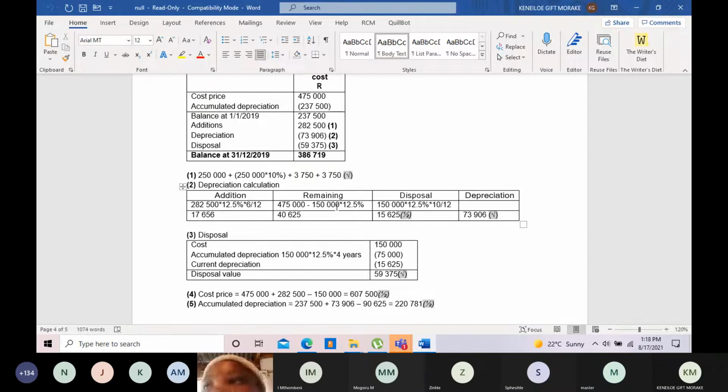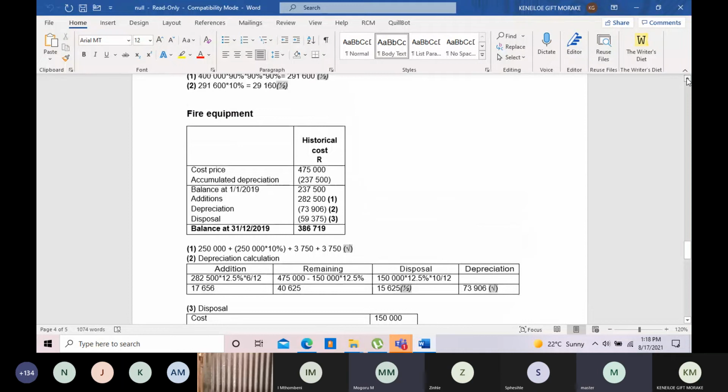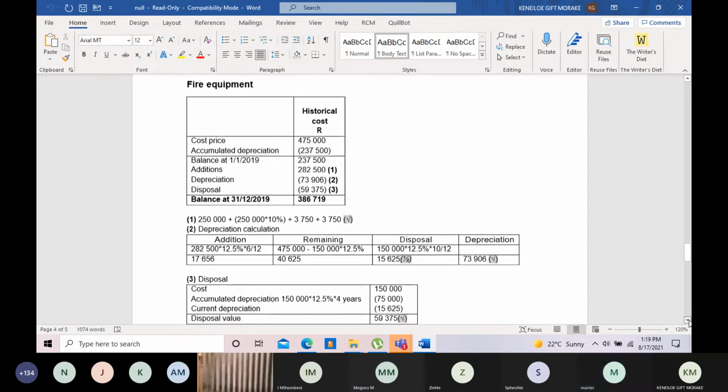Sorry. We can't see where you are pointing because it shows us another information. You're talking about another information. All right. Okay, let me show you what I'm pointing at. Go down to the calculations of the fire equipment.